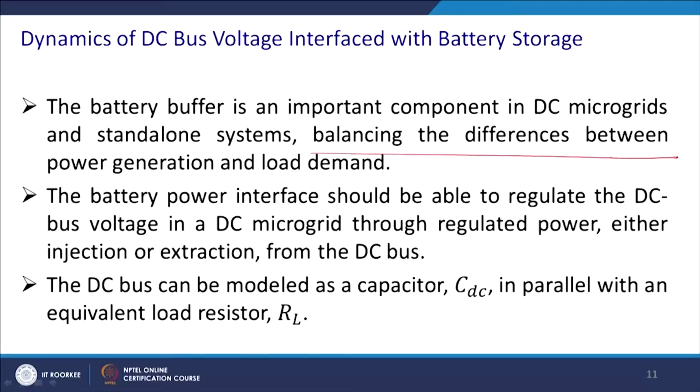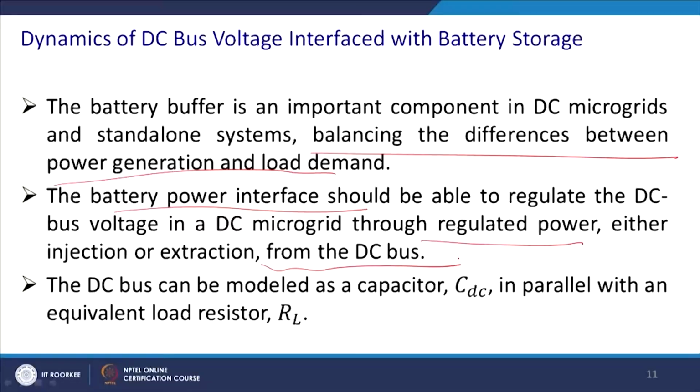Balancing the difference between these two generations and the load demand, the battery power interface should be able to regulate the DC voltage in a microgrid through regulated power, either injecting or extracting the power from the DC bus.